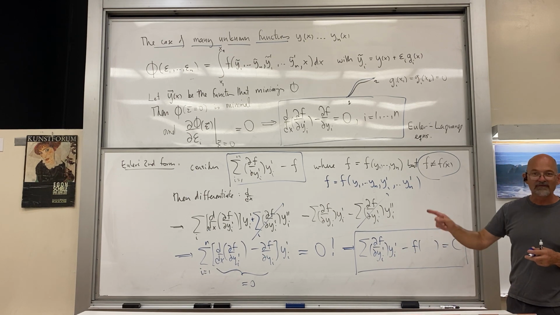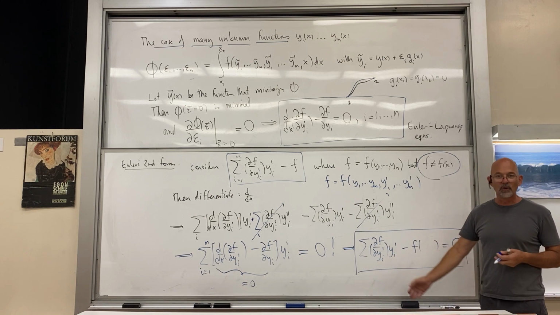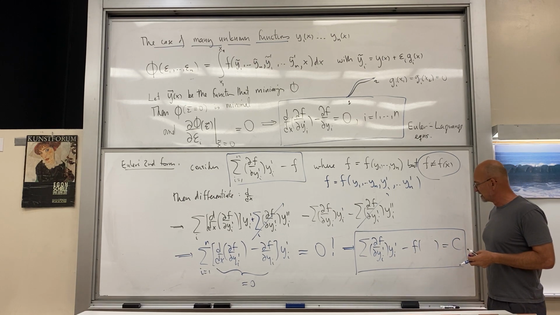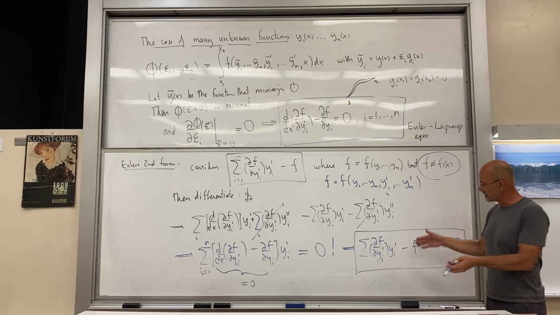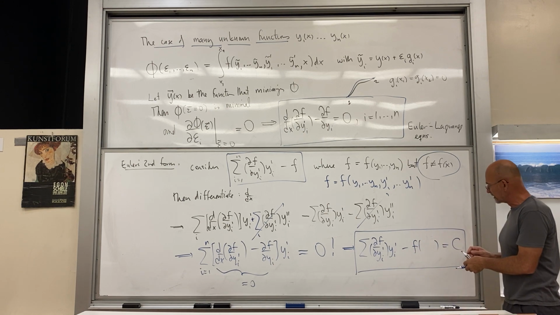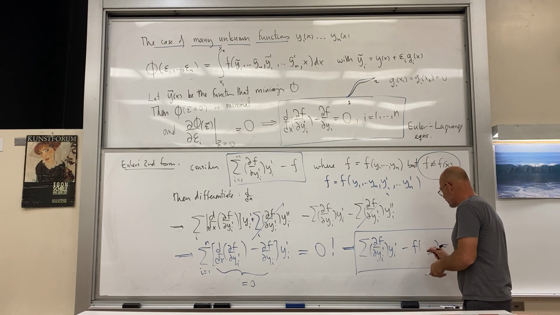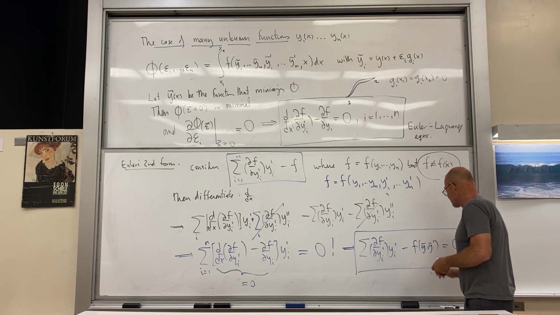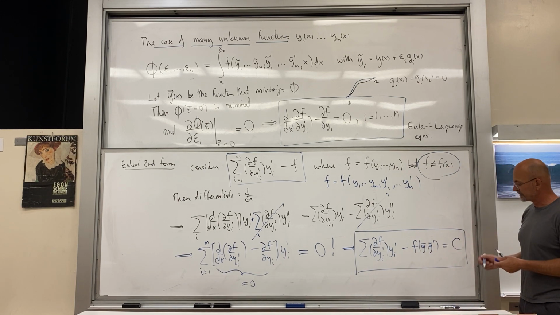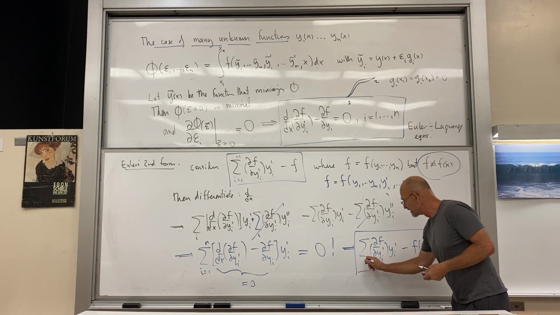So in the case of a one variable problem, you wouldn't want to solve the Euler-Lagrange equation because that's a second order differential equation, so you would use Euler's second form right here. One short way to write this is y, y prime, no x there.